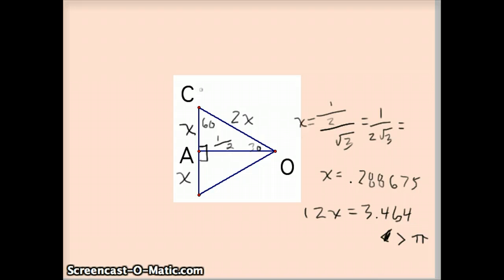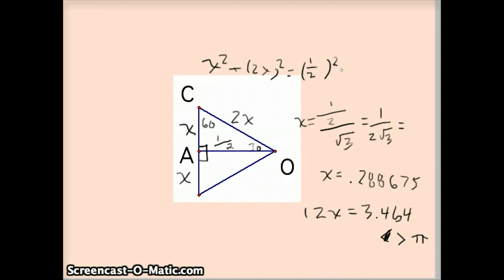Now, if you don't like the 30, 60, 90 rules, you could also use the Pythagorean theorem to solve for x also. See, this is a right triangle, AOC is, so we can say x squared plus 2x squared equals 1/2 squared.